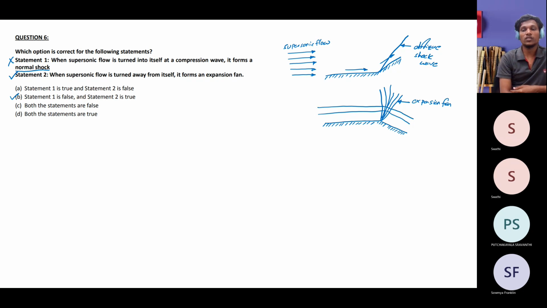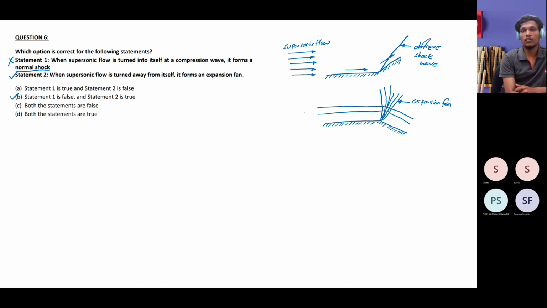Expansion can occur, but it is not an expansion fan. Expansion is different from an expansion fan. In an expansion fan, finite waves are developed in the flow field, causing a significant change of properties, pressure and density, across the fan for every finite wave.